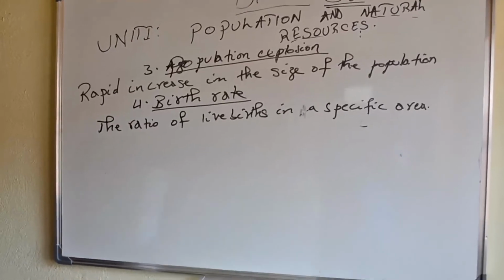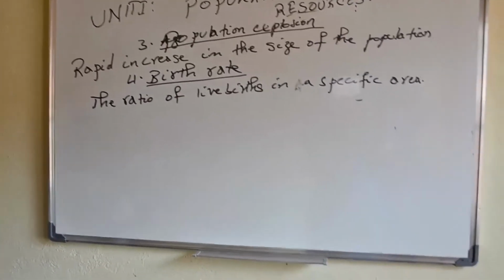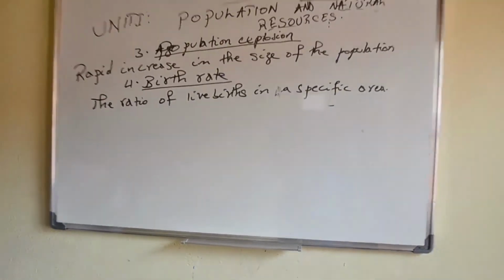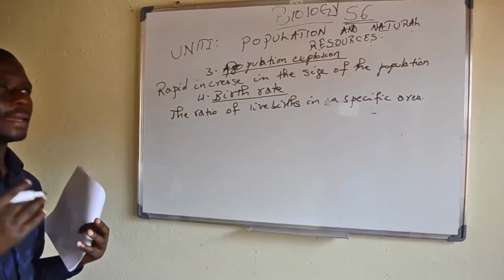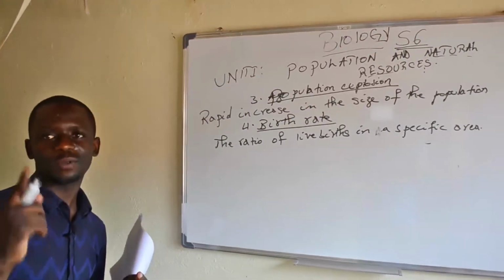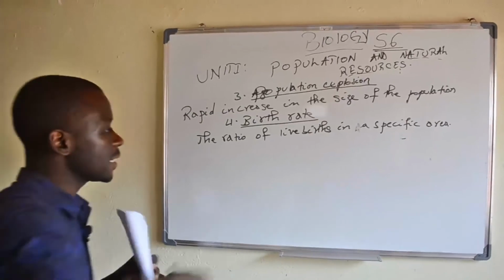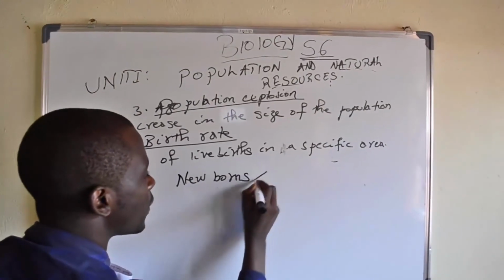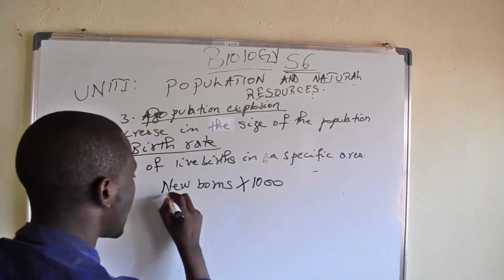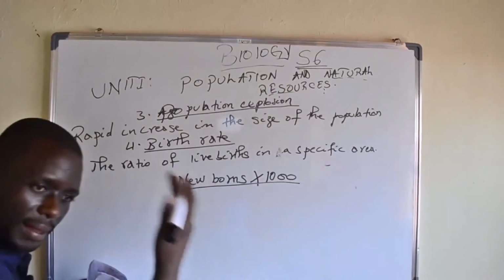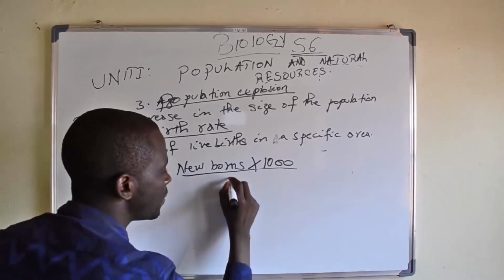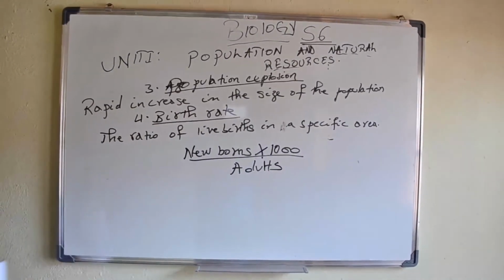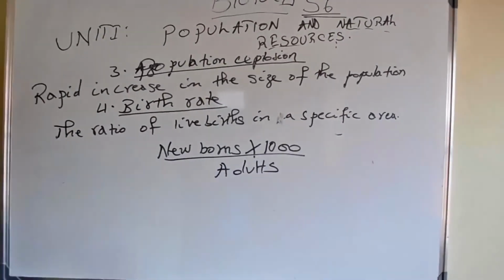We take the number of newborns, okay? Newborns, whether it's in a specific population, whether it's in human beings, and we multiply by 1,000, not 100. You all like to make this mistake. It's 1,000 newborns. We multiply by 1,000 and divide by the number of actual population or the adults. Let me say the adults, okay? So it's another characteristic of the population.